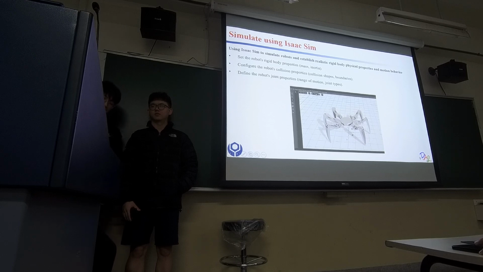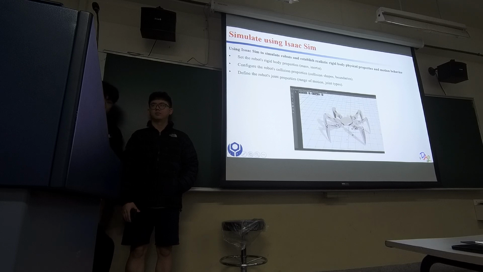First, we have to assign the rigid body properties to each part of the robot. If we don't set this up, the robot will not respond to force, torque, or gravity, and the joints will not function correctly.